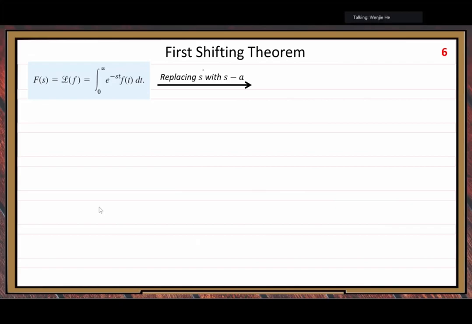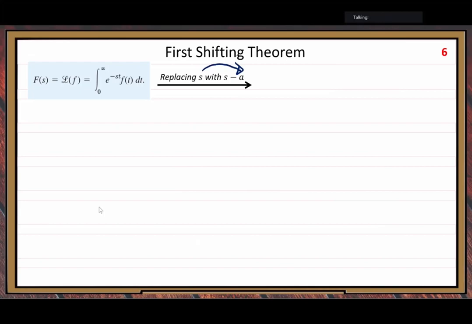From s to s minus a. Along the x-axis, you shift a units to the left or to the right. That's the reason we call it shifting.